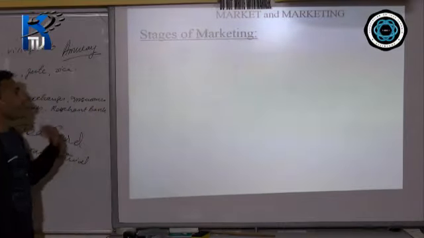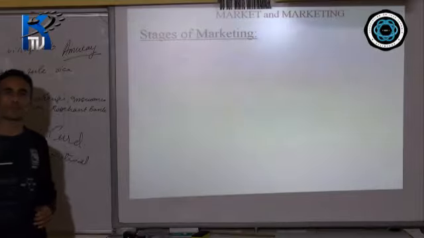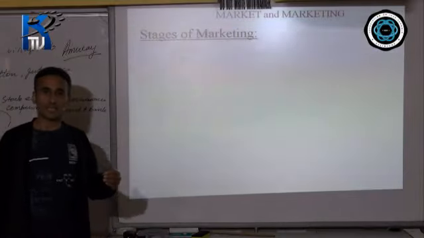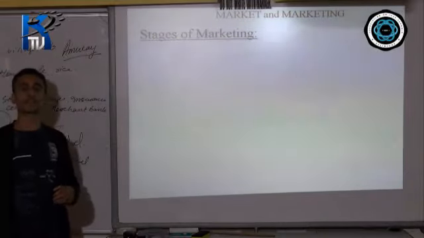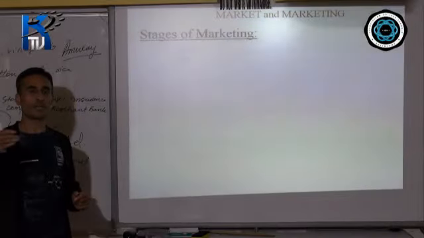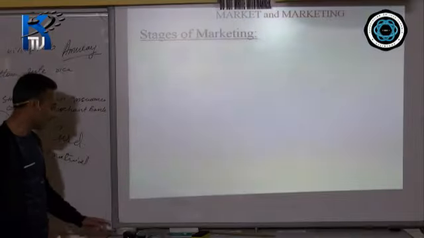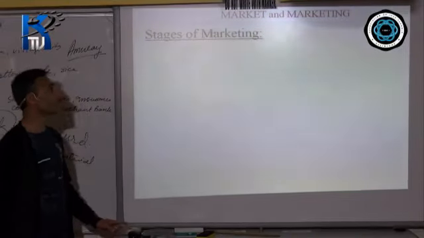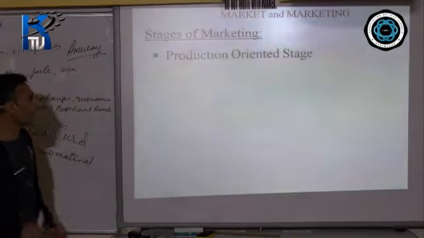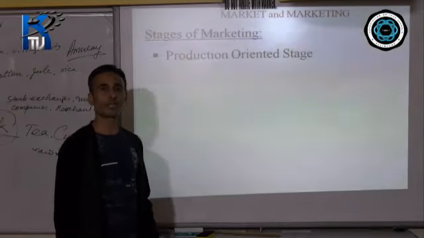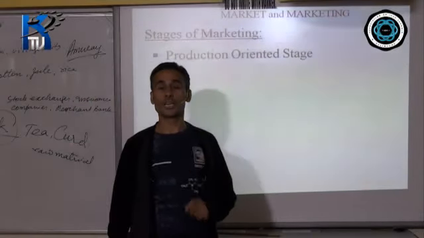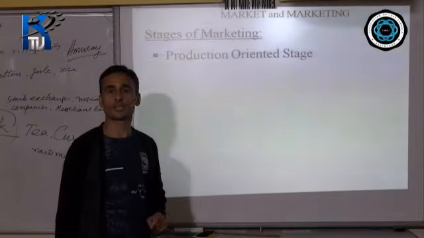When we talk about stages of marketing, it is a kind of belief that the marketers have, which underwent change over the years, over the period of time. Now let's see what were the different beliefs they had. Number one is the production-oriented stage. This is the oldest stage of marketing.